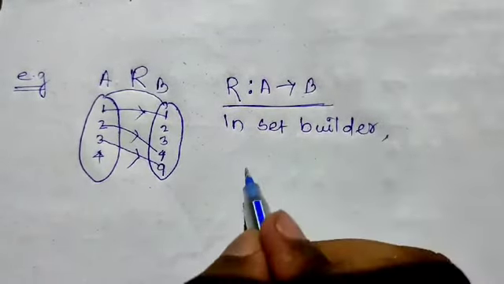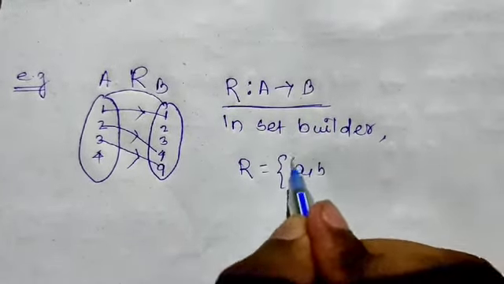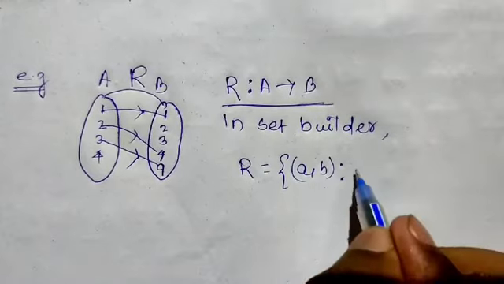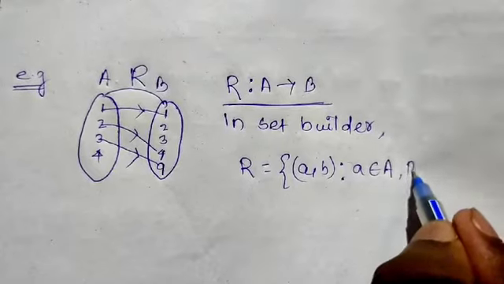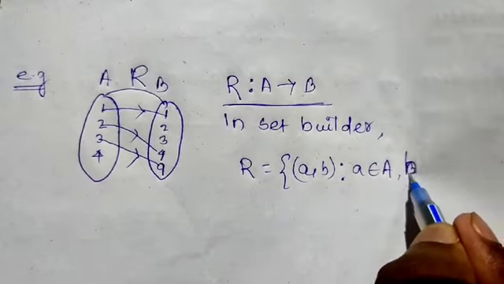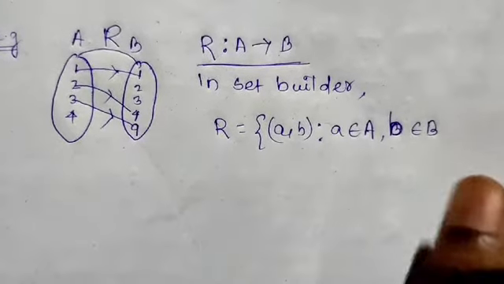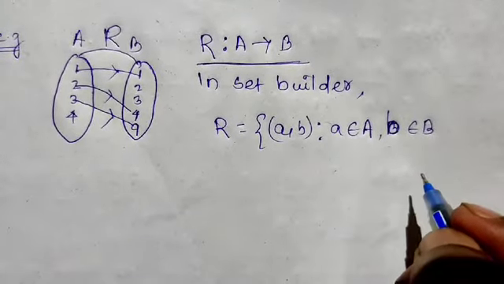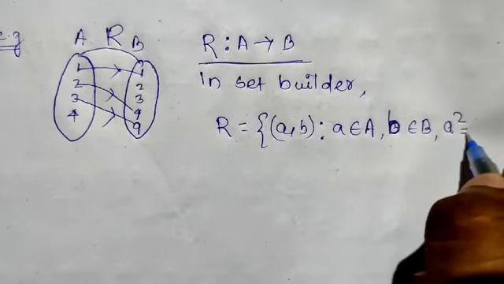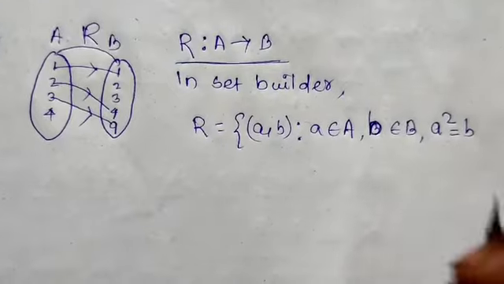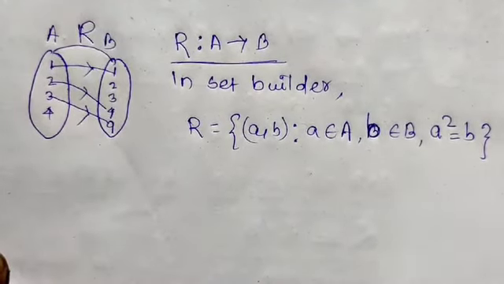We may write R is the set of all ordered pairs (a, b) such that a is an element of A and b is an element of B in which a square is equal to b. Okay, a square is equal to b.